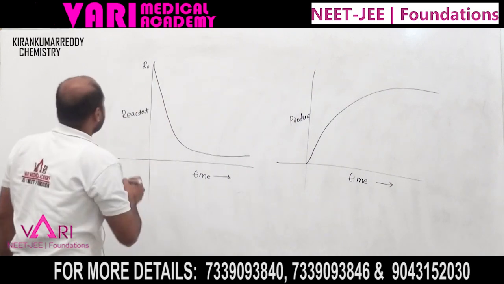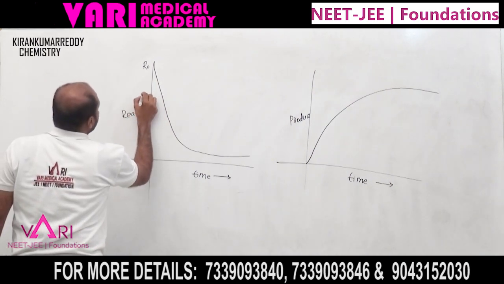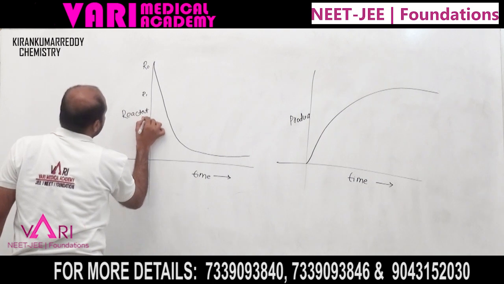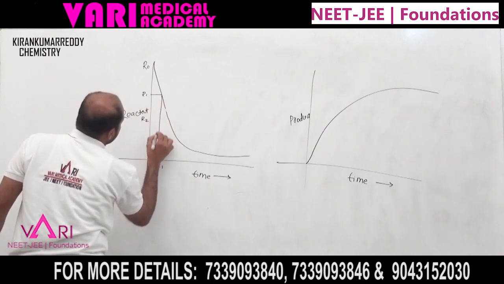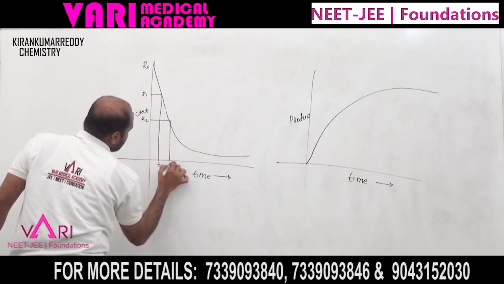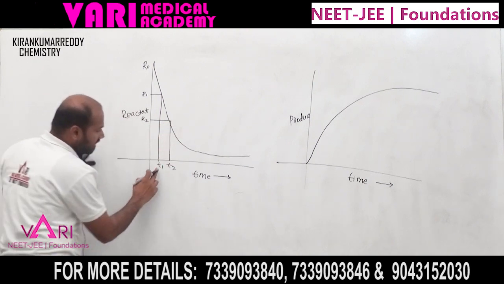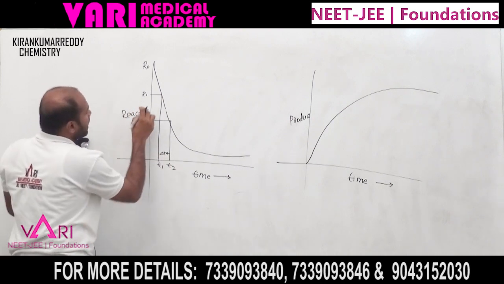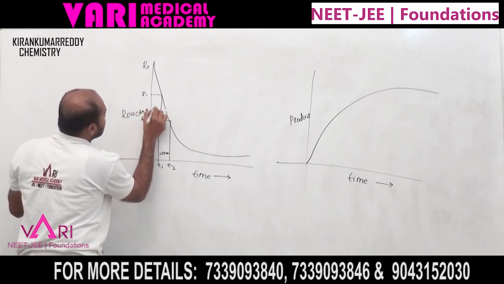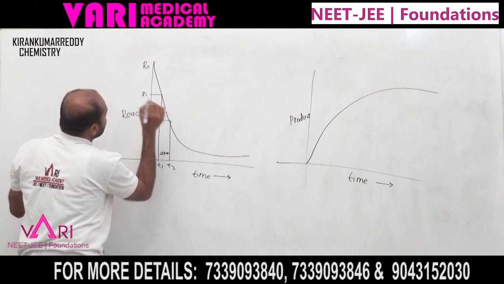Now here I am taking R1 and this one is R2. Here is the point T1, and here is R2 at T2. Now T1 and T2, the difference is delta T. R2 minus R1 is delta R.